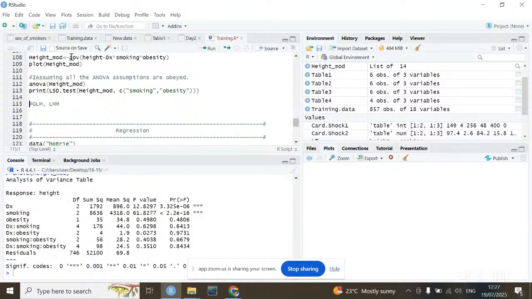Anyway, this is also a linear model, much as we are using the AOV command. It is a linear model because now we are saying height is a function of diagnosis, smoking, and obesity. So it is more of a linear model.